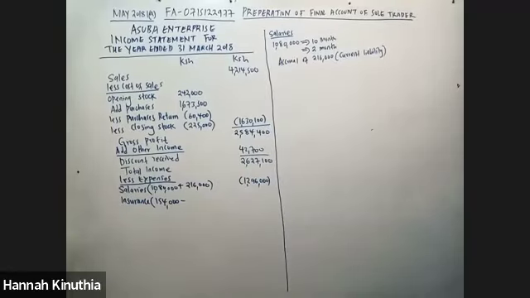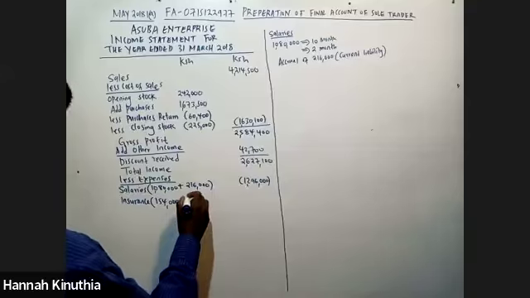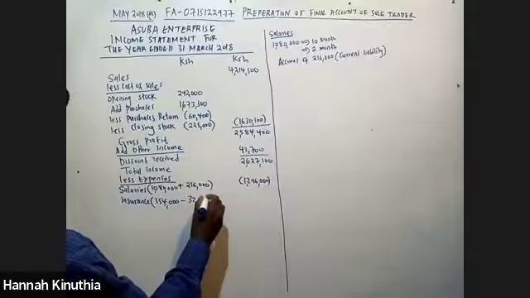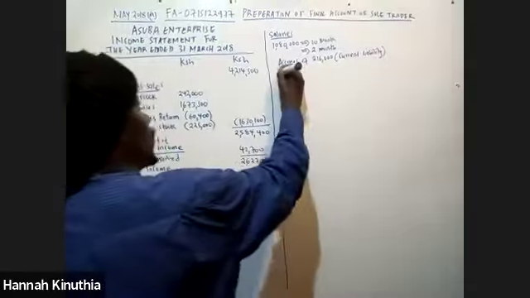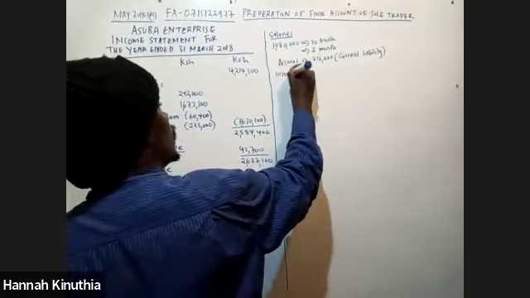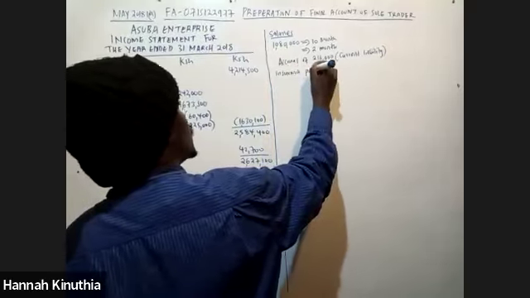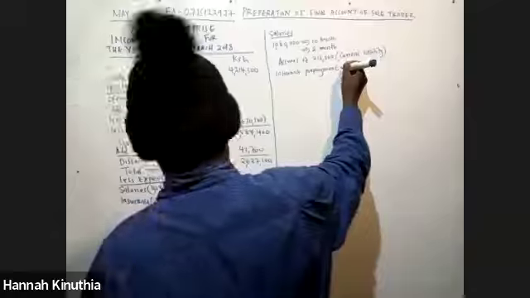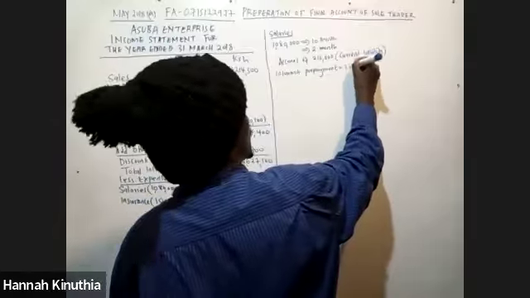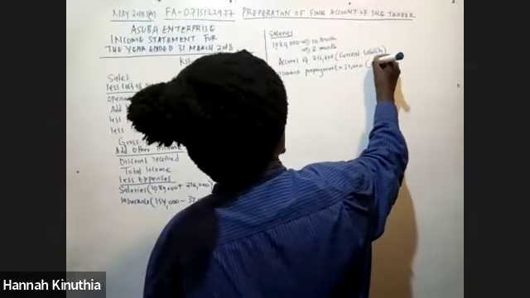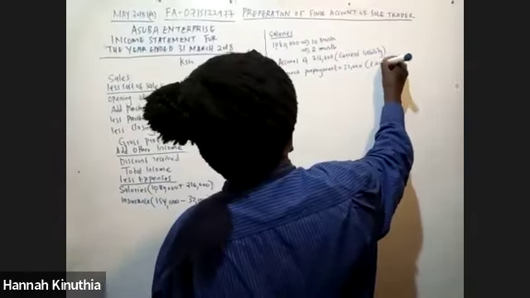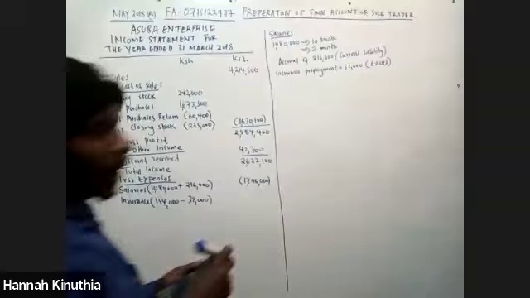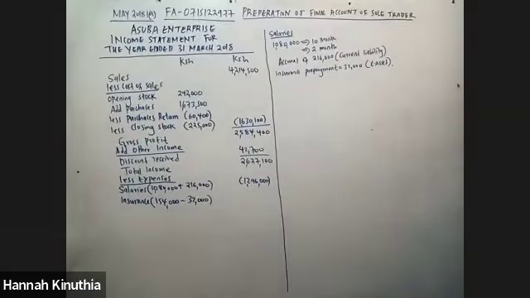So we had a prepayment of how much? Insurance was prepaid of 32,000. And remember, the insurance prepayment will be a prepayment ya ngapi? 32,000. It will form part of our current assets.